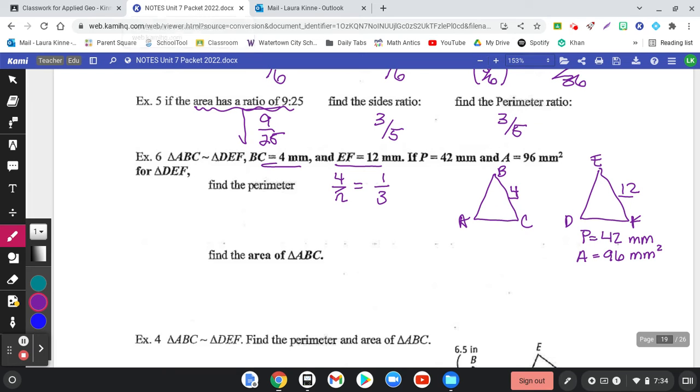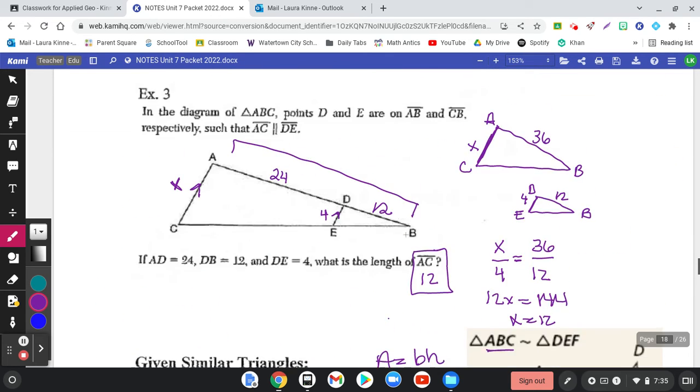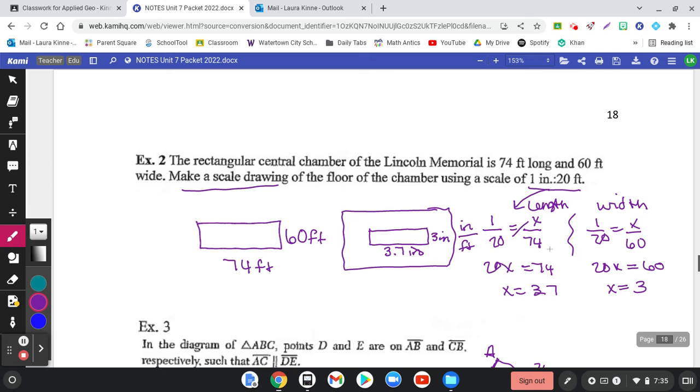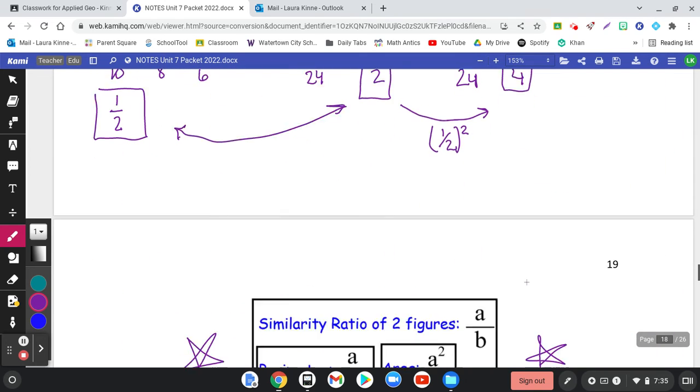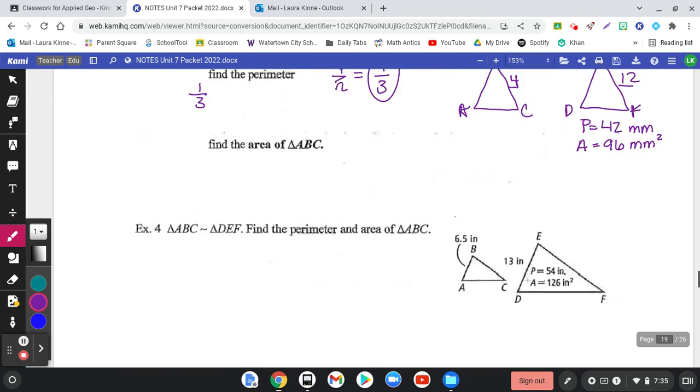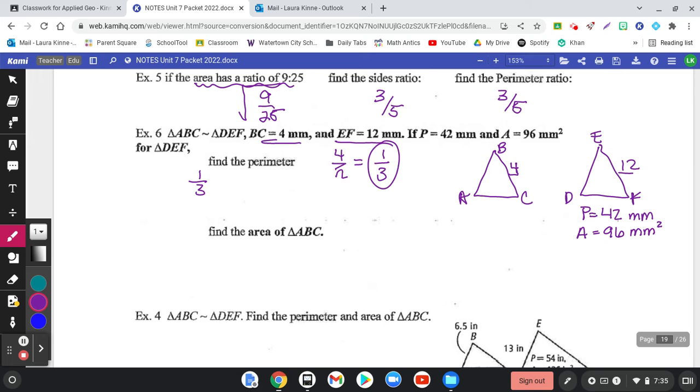I'm going to take this 1/3, kind of like when we did the Lincoln example. Okay? We set up the two different proportions. We're going to do the same thing. So the perimeter has the same ratio, 1 to 3. So I can do x over 42, cross multiply. 3x equals 42, divide by 3.